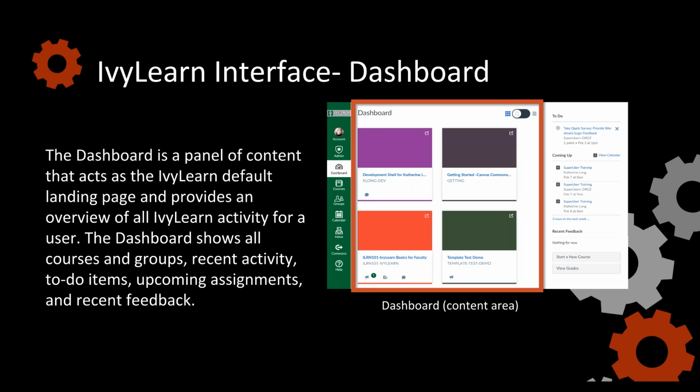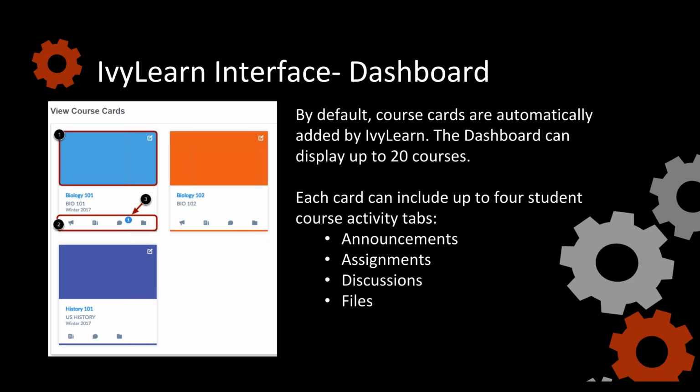This is also the same view that students have. Each course card can have a series of 4 icons along the bottom of the color block. Those icons appear if you have announcements, assignments, discussions, or files posted within your course. You can automatically see up to 20 courses in this view.